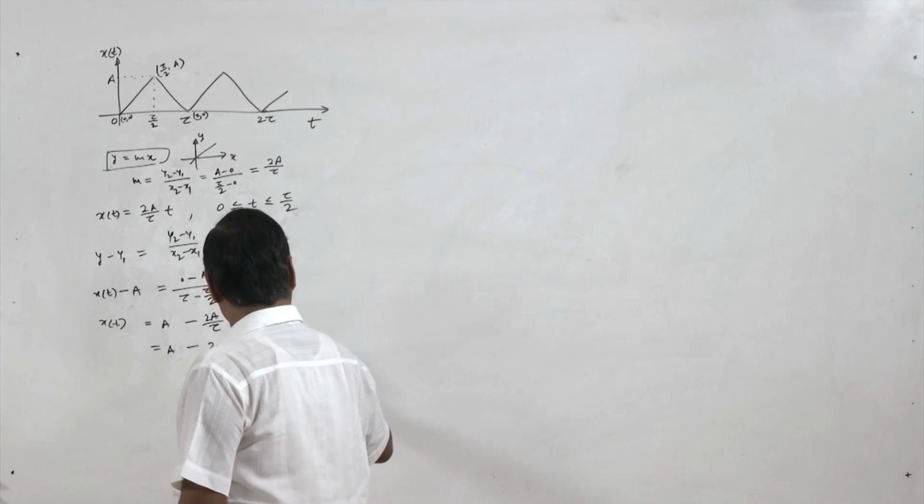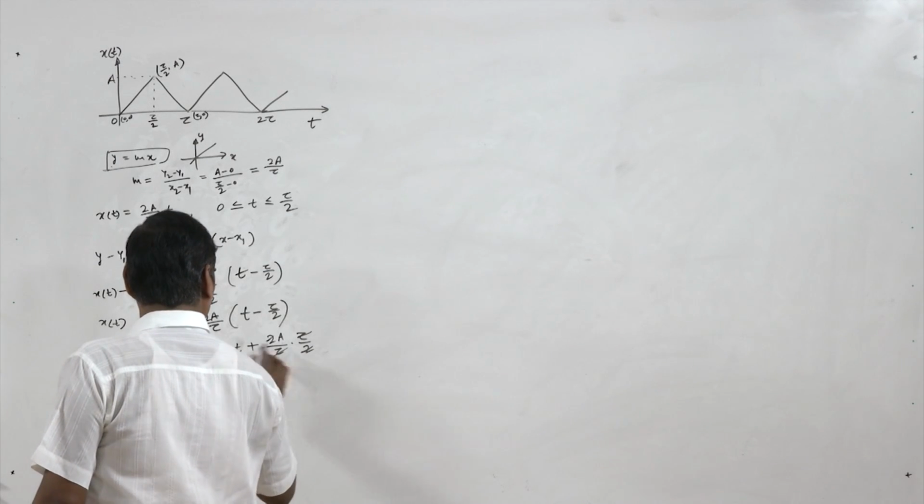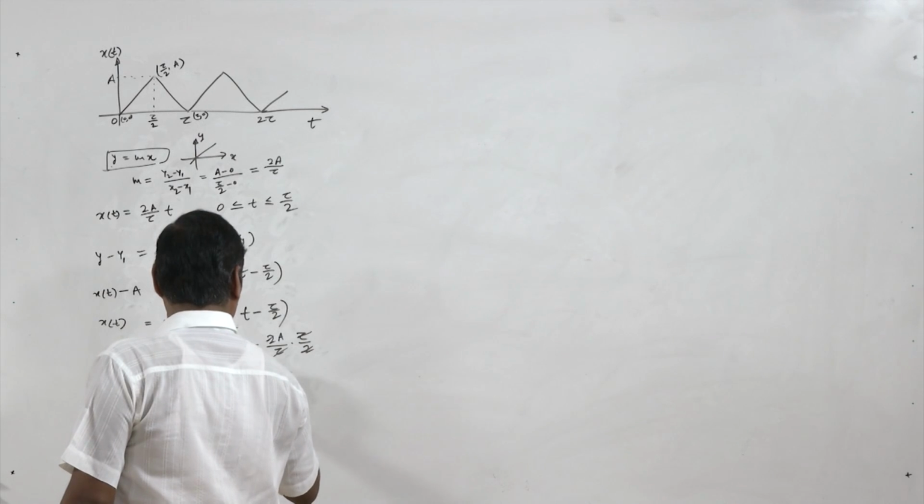So here we have cancel out. Now it is equal to 2A minus 2A by tau into t.